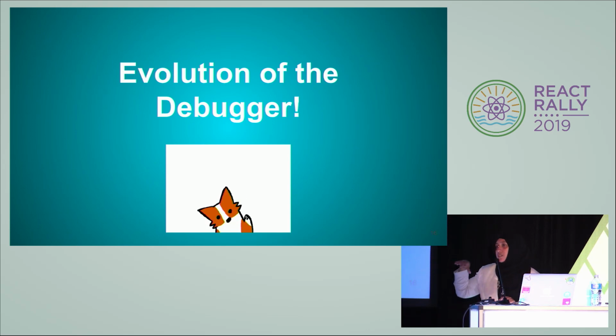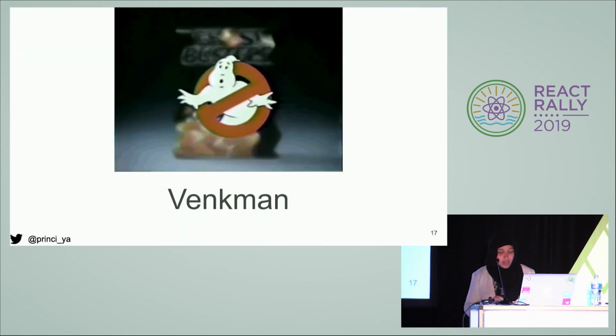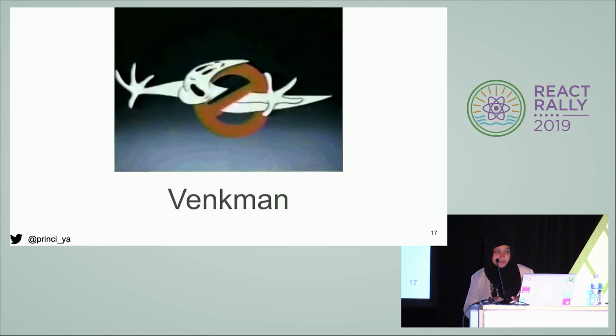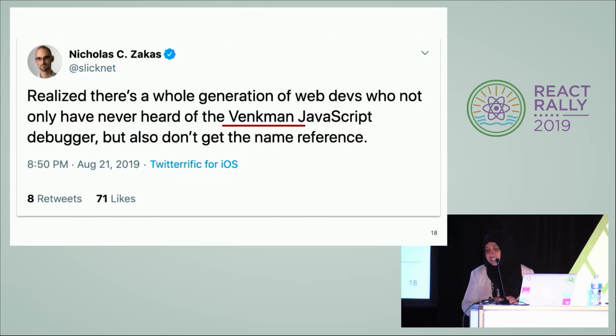Before we really look into how the debugger is built using React and Redux, let's look at how the debugger has evolved over time. Venkman. Mozilla's first JavaScript debugger was called Venkman. It is just yesterday I saw this tweet, and so, are you aware of Venkman here?